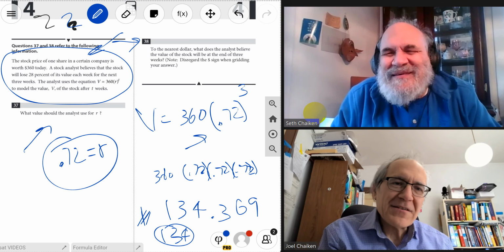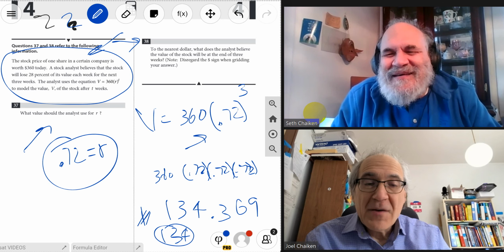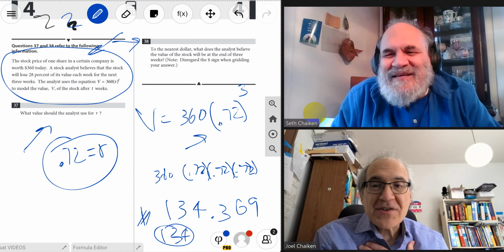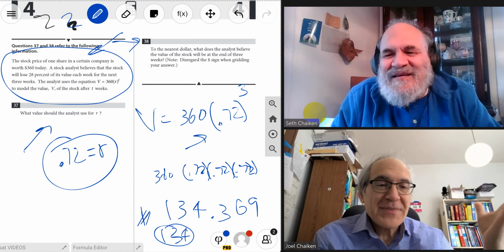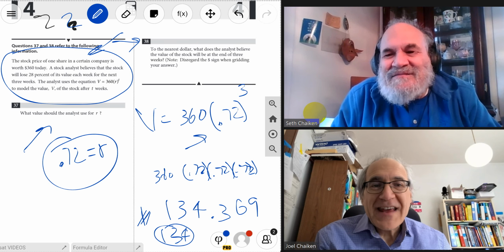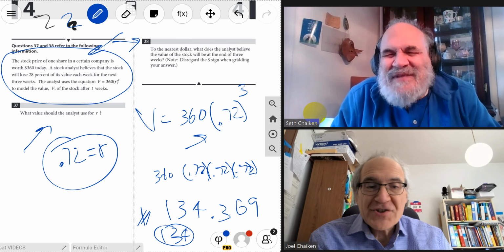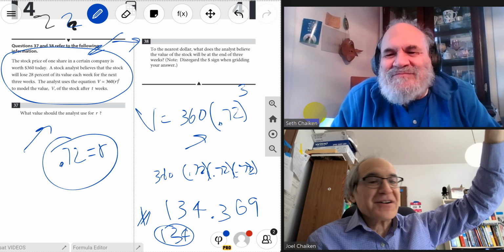Let's talk positive. If they wanted to ask the same question, maybe they should have said that a suit is on sale for $360, or a piece of whatever at the store, and every week they reduce the price by 28% to encourage people to buy it, like a store that's going out of business.